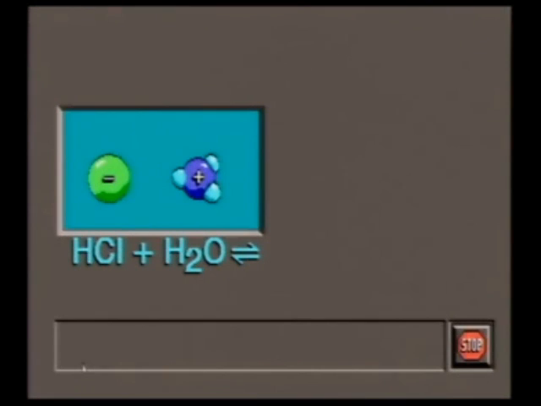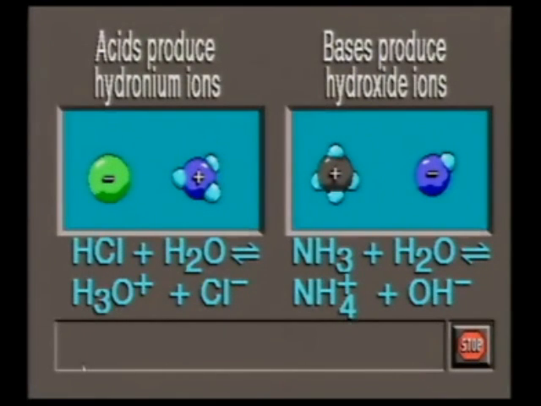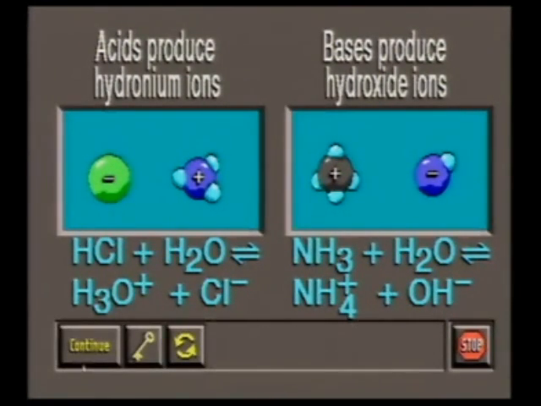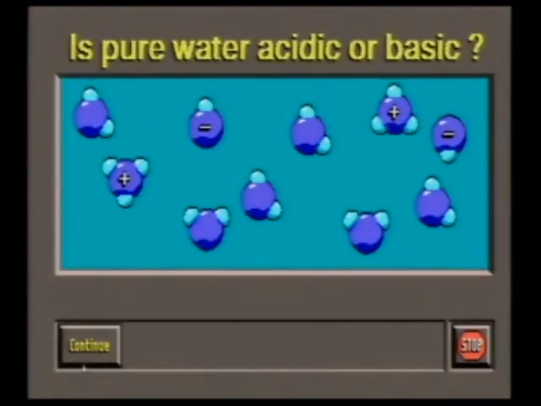You've seen that acids dissociate in water producing hydronium ions. Bases in solution produce hydroxide ions. Since pure water contains both hydronium and hydroxide ions, is it acidic or basic?